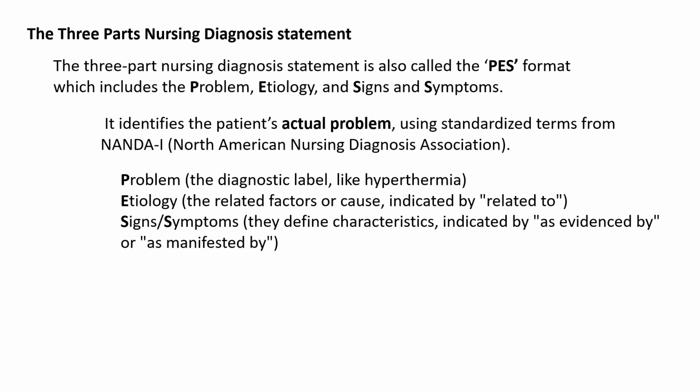What aids one or the data which makes the patient's medical diagnosis? Those are referred to as the problems. So the diagnostic label, like hypothermia. Etiology, the related factors or cause, indicated by "related to."